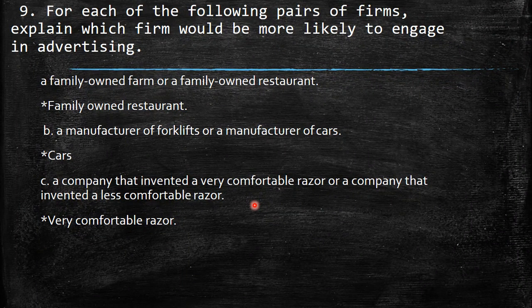If this famous actor or actress is on TV, on YouTube, and they launch a product, it's an implicit signal of quality. So the very comfortable razor should be the one, because if you provide a very comfortable razor with advertising, it may be costly at first, but you are going to get usual customers who will buy more. If you advertise a less comfortable razor, people will buy the first time, but they will not want to buy anymore. So definitely it would not be a good deal.